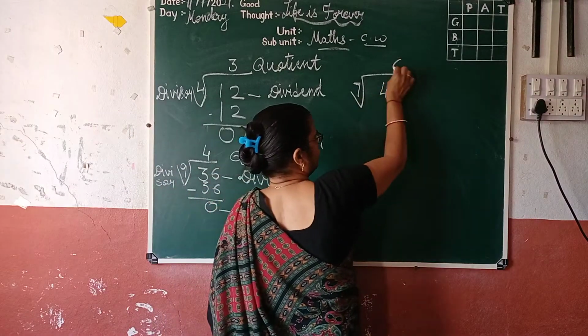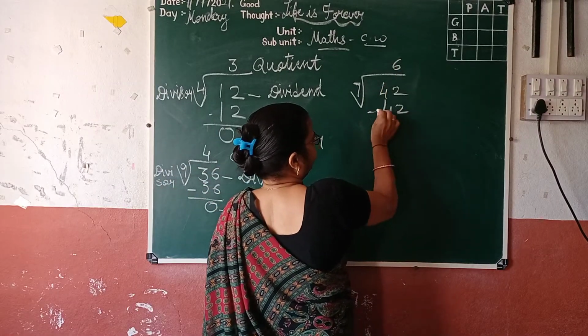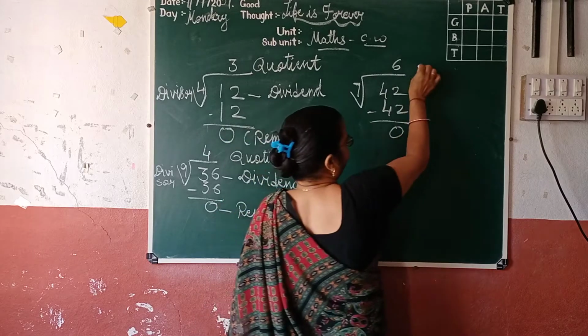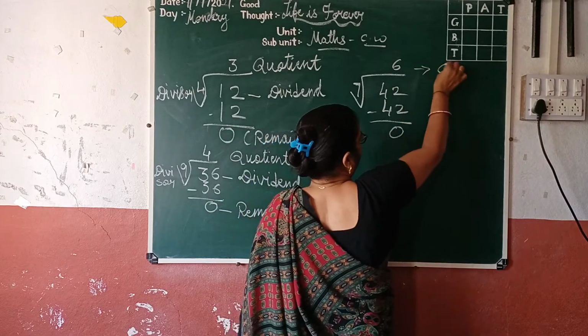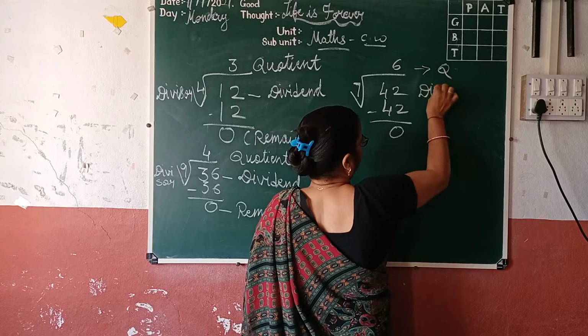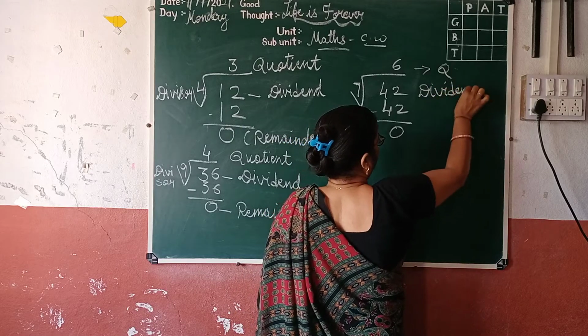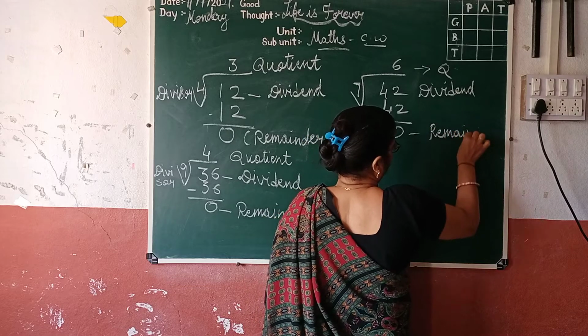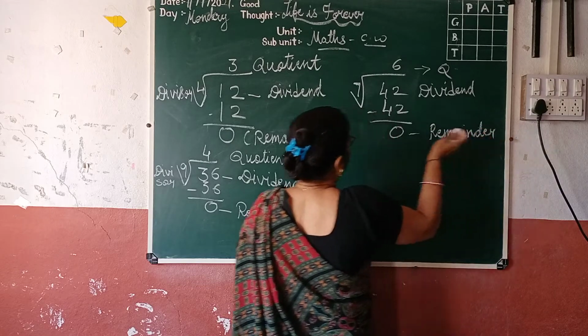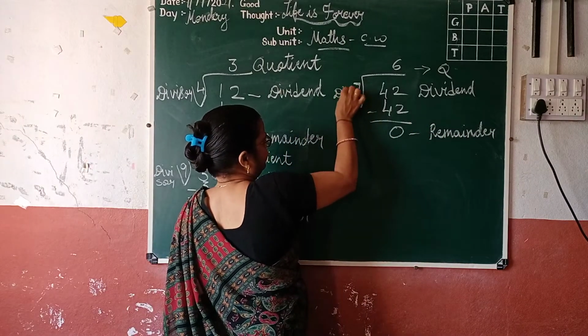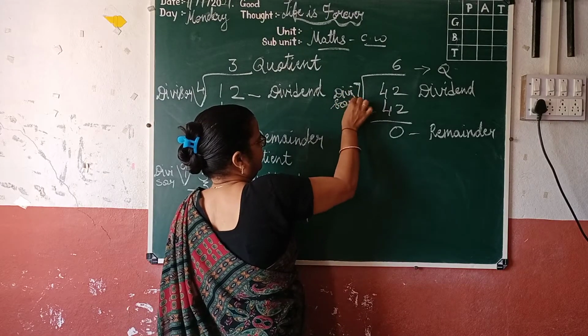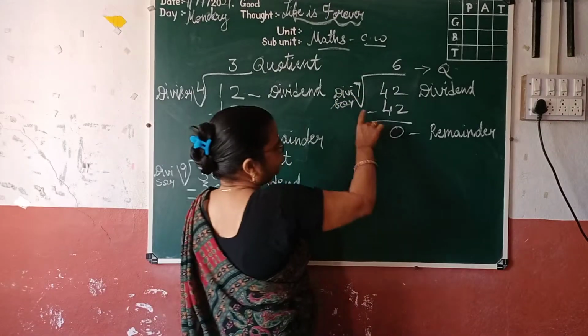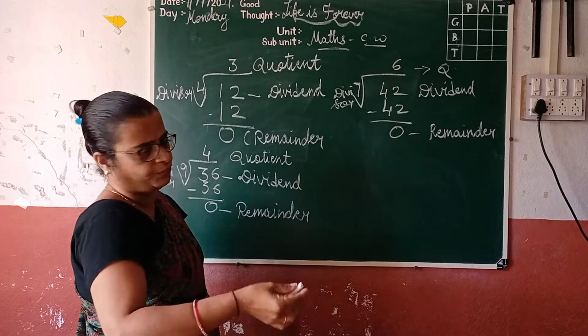So 7 6s are 42, minus, 0. I am writing the short form, you have to write it in full form. This is the quotient, this is the dividend, this is the remainder, and this is the divisor. So your answer: 7 6s are 42.